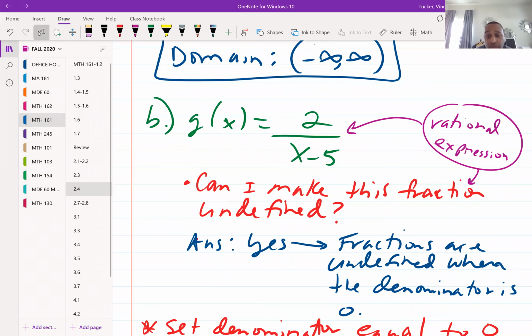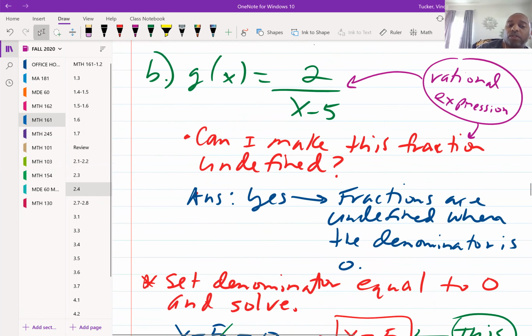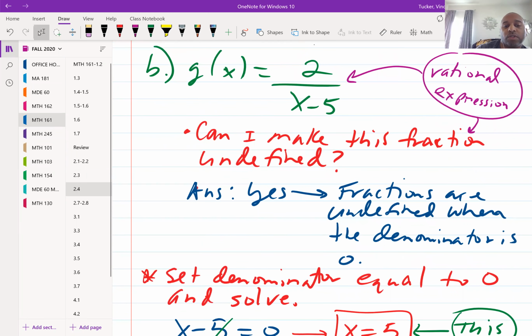So whenever you have a rational expression, you're going to set your denominator equal to 0 and solve it.